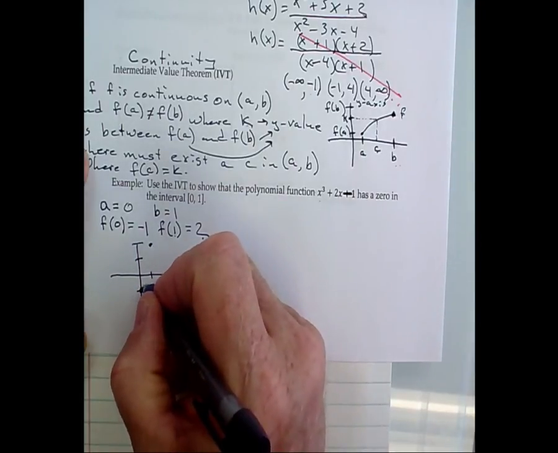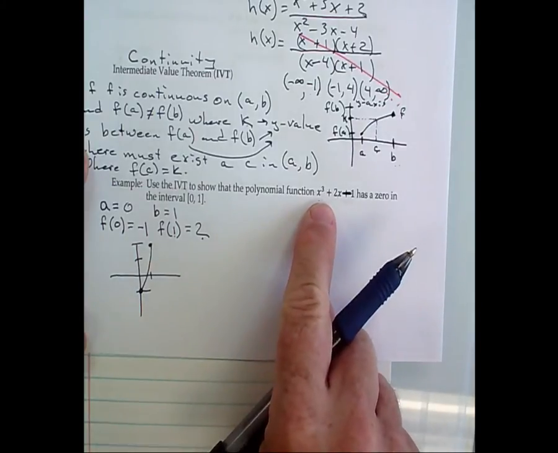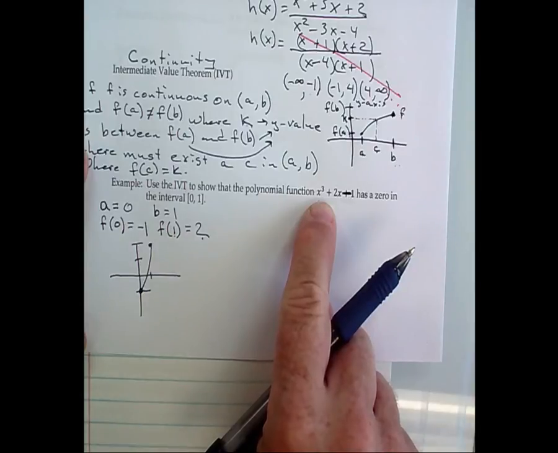And I know it's continuous. There are no breaks between those 2 spots. Notice that I curved it. You know why I curved it? Because I know it's not a straight line, right? It's not a line, it's a curve. Correct?